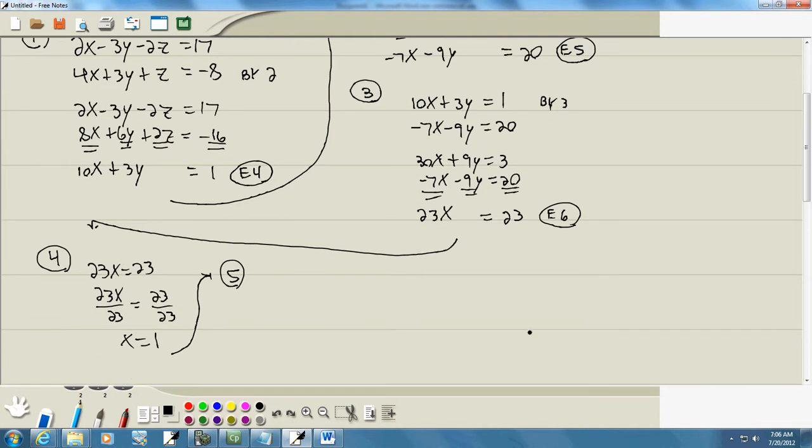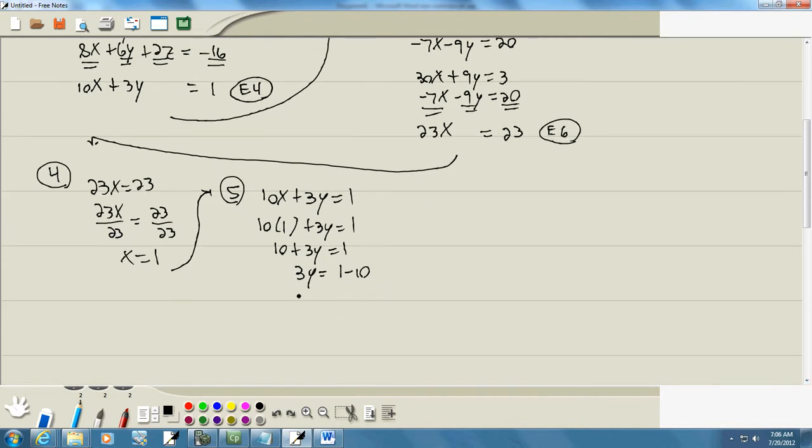So let me plug it into equation 4. We've got 10x plus 3y is equal to 1. And we just said x was 1, so put 1 in there. That's 10 plus 3y equals 1. 10 times 1 is 10. Take the 10 to the right side. It becomes a negative 10. 1 minus 10 gives us negative 9. Then divide both sides by 3. And y is equal to negative 3.